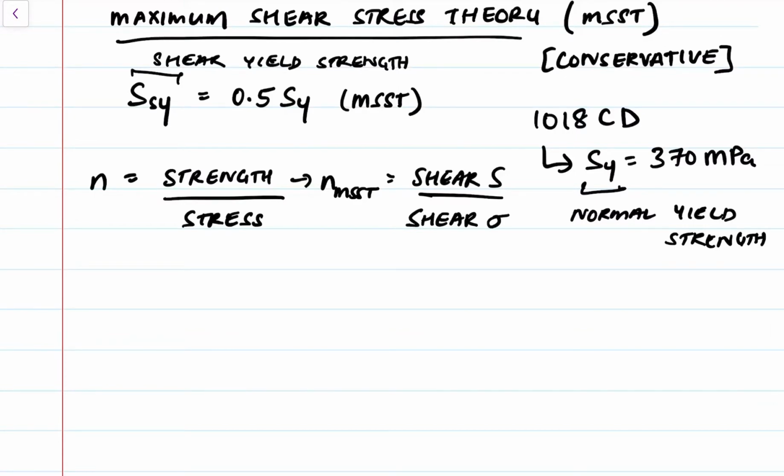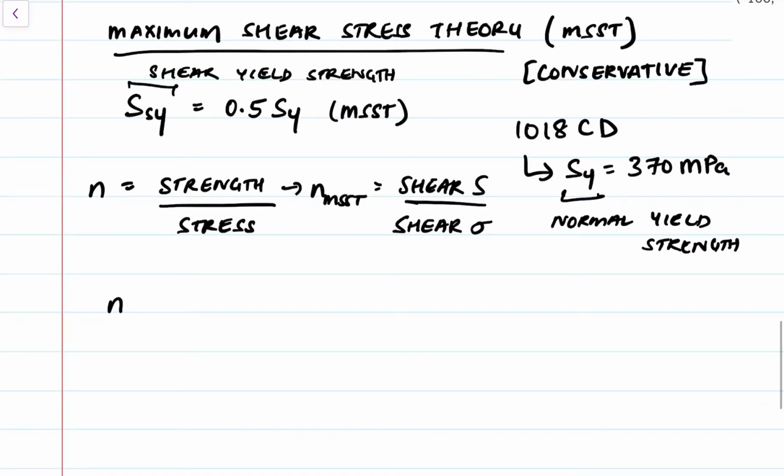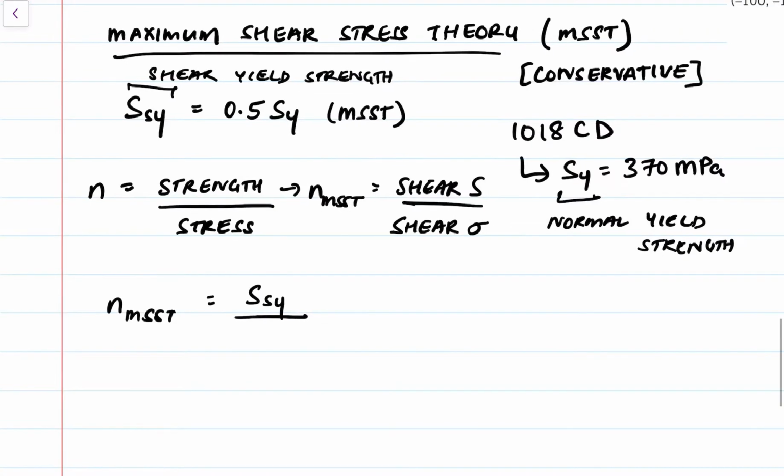So the shear strength in this case is what we've labeled as SSY, over tau max, right? The maximum possible shear stress that this element undergoes in any orientation, which the Mohr circle shows us is tau max.